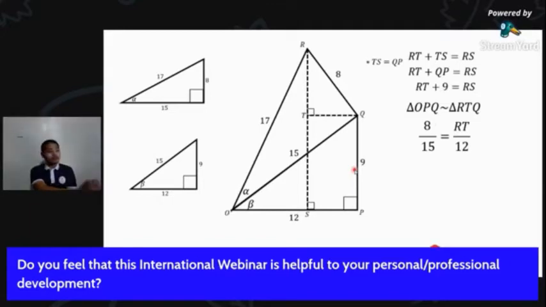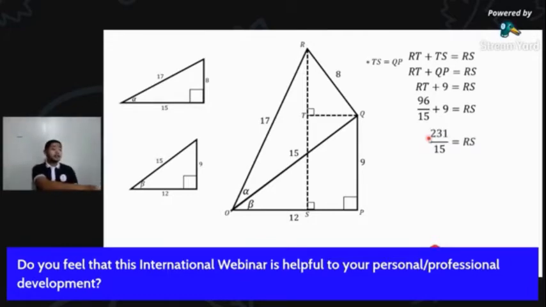Solving for RT, it will be equivalent to 8 times 12 over 15, and simplifying that, it becomes 96 over 15. So we already have the value of RT. What are we going to do here? Change the value of RT by 96 over 15. So 96 over 15 plus 9 will be 231 over 15. And that is the measurement of side RS.